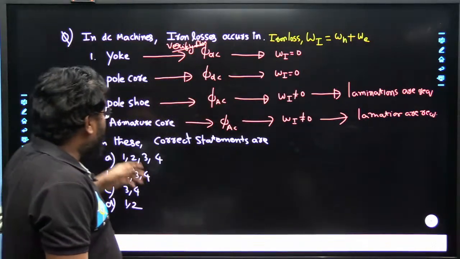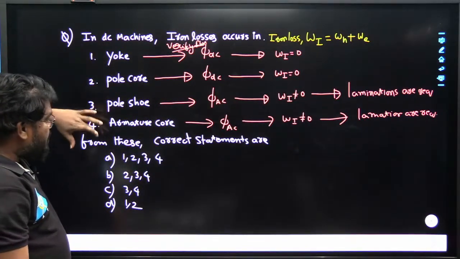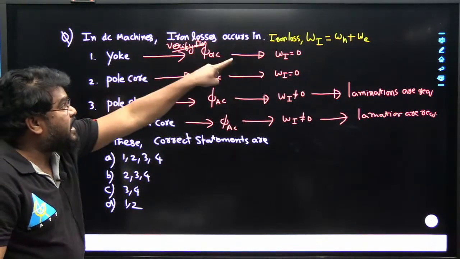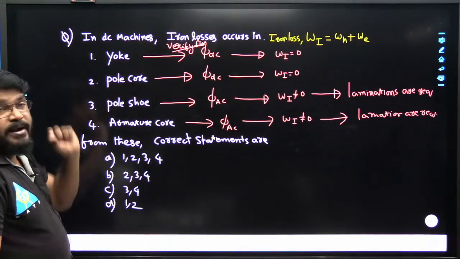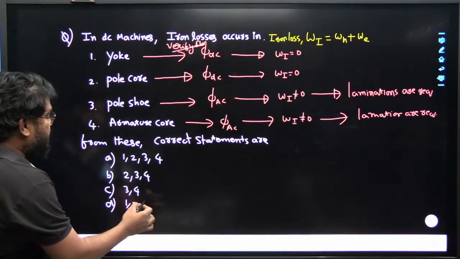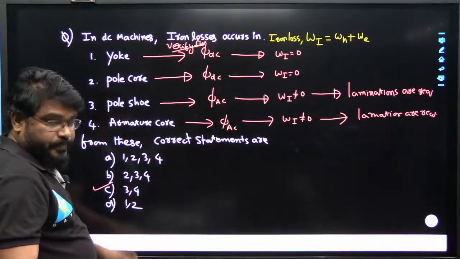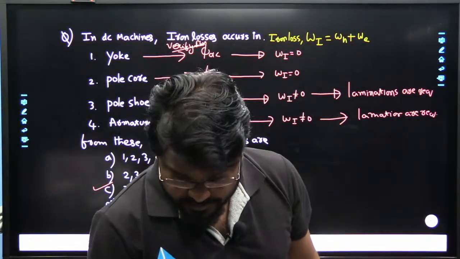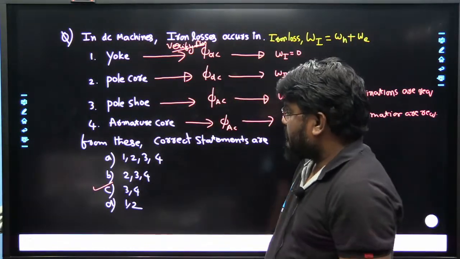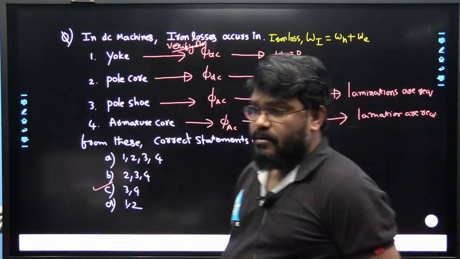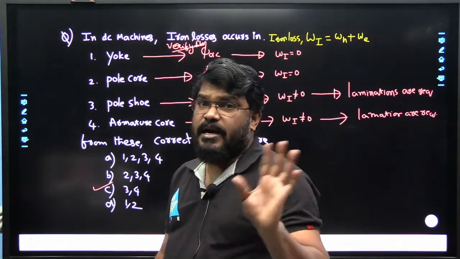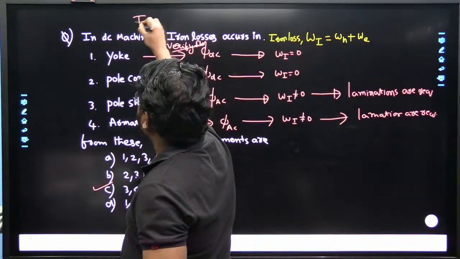So here, iron losses occur in the pole shoe and armature core, but not in the pole core and the yoke. So the answer for this question is 3 and 4. It's not 2, 3, 4, that's not correct. It is a previous IAS question.